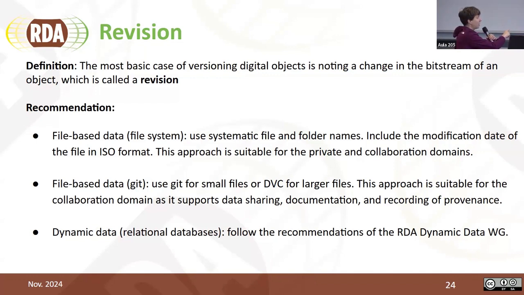The Dynamic Data Working Group is addressing this issue by recommending to provide an identifier for the query that is attached to a timestamp of the database. But this other case, which is very often the case in the geosciences, is not included here.